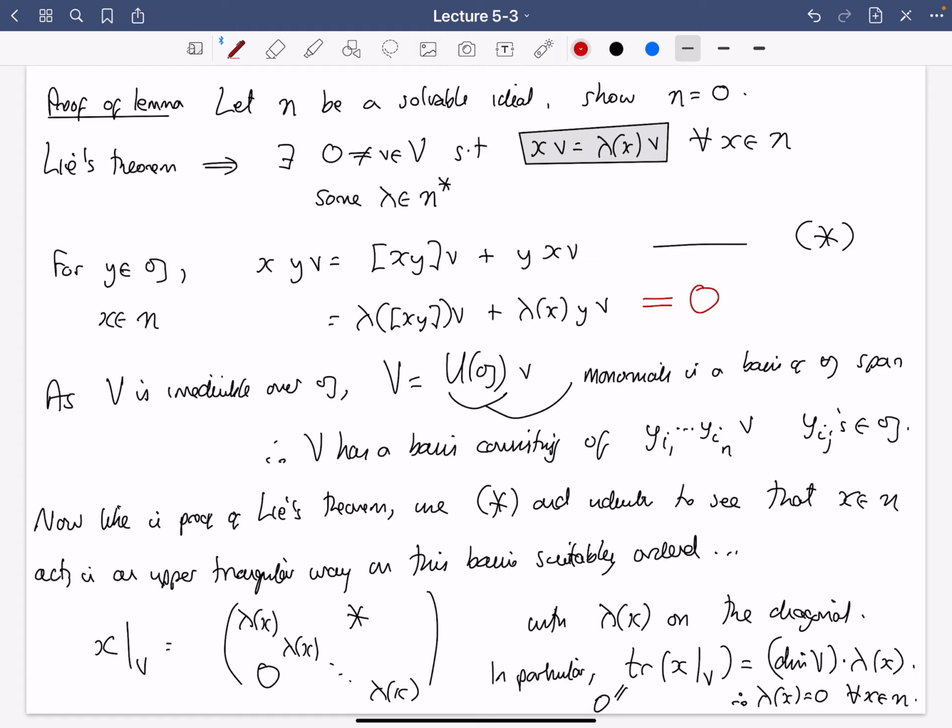And this shows that if you take this vector v and apply any y in G to it, and keep going by induction, on any of these monomials x will act as 0.